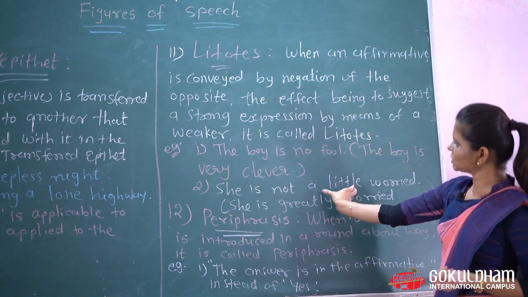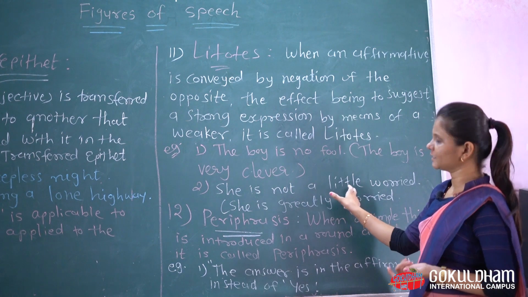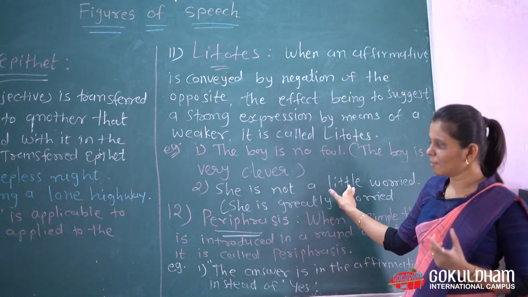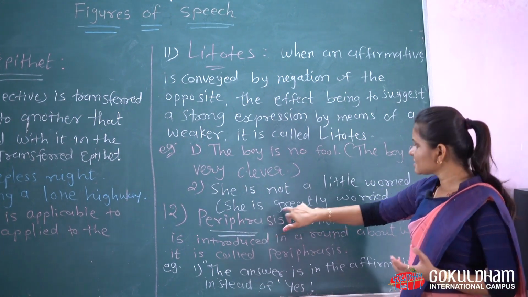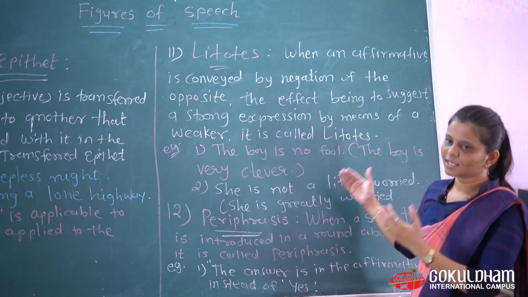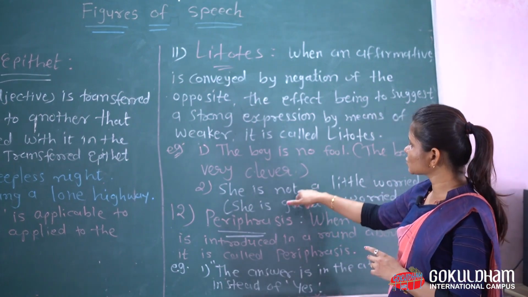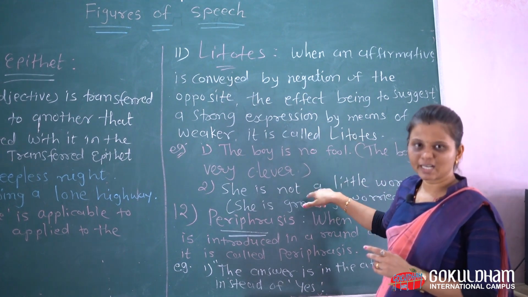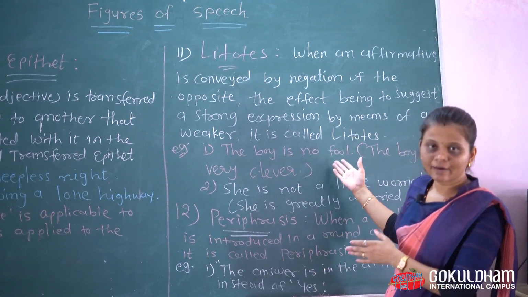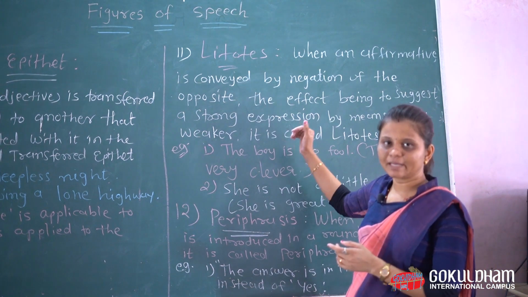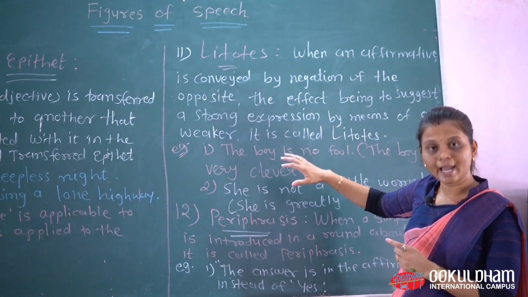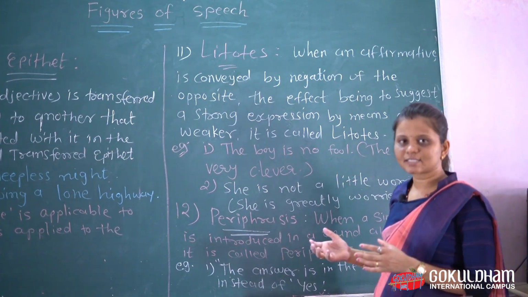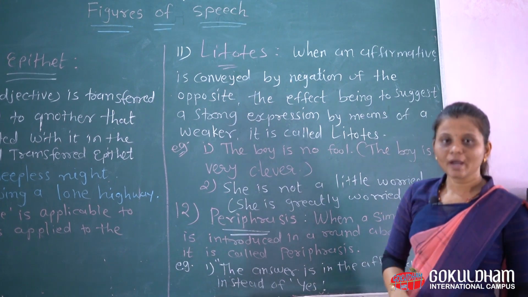So little is also here, not little. That is also a negative form. That means she is greatly worried. So these things are affirmative, shown using negation. That's why this litotes figure is applied here. Look carefully at its explanation, its definition and example. You can understand it. Now go ahead.